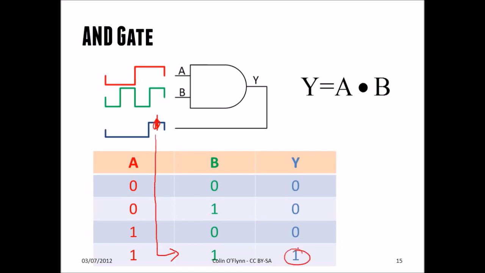So the output's 1 only when both inputs are 1. So using Boolean algebra, we have the output Y is A and B, and Y is true only if A and B are both true. So that's another of the basic gates.